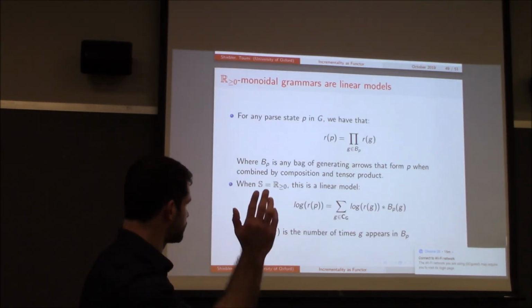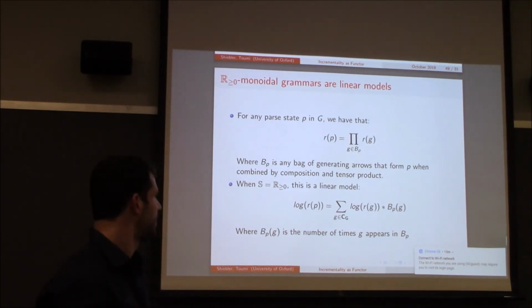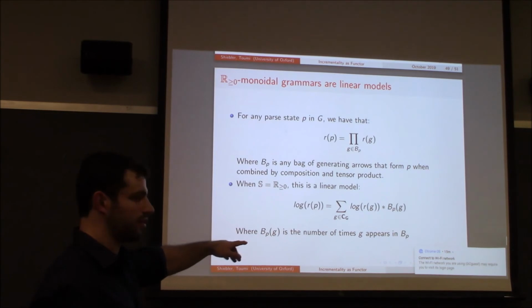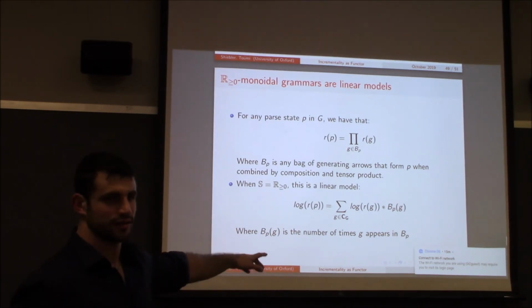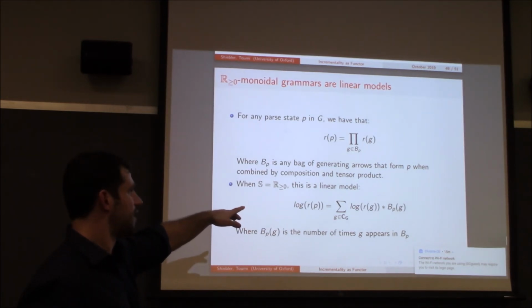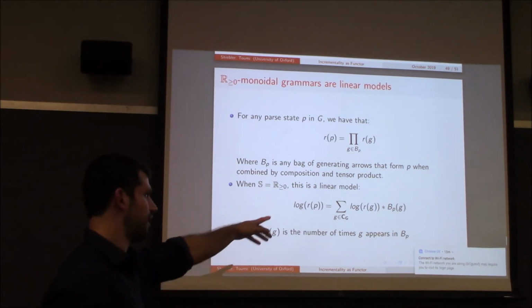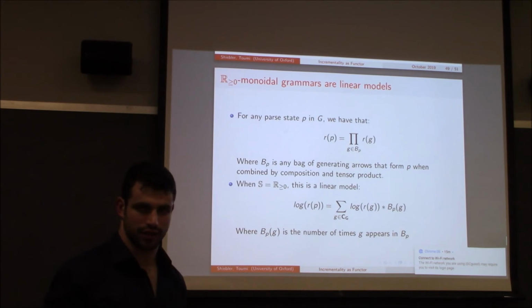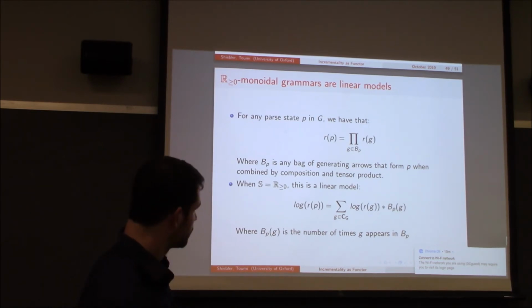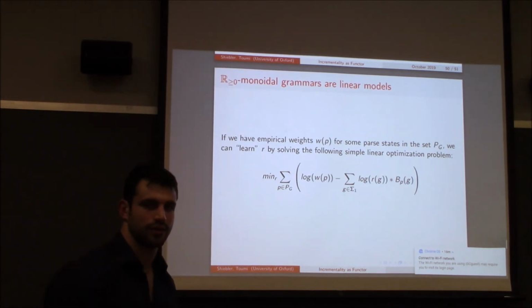And so if we take logs of everything, because we're assuming that we're in R greater than or equal to 0, this reduces to a linear model, which is kind of nice. So now we have the log of our parse state's weights expressed as a weighted sum of our weights on the individual generating arrows. And the punchline here is we can actually learn this from data or a distribution.